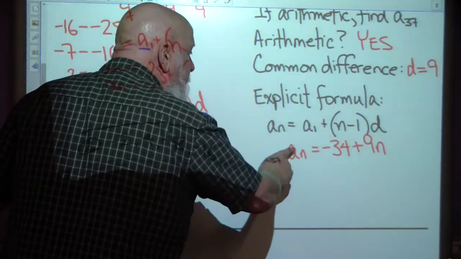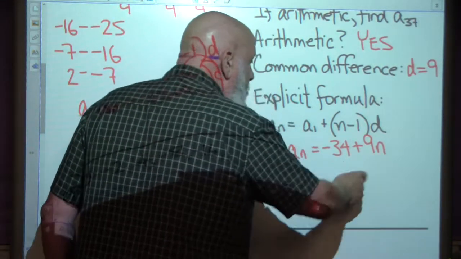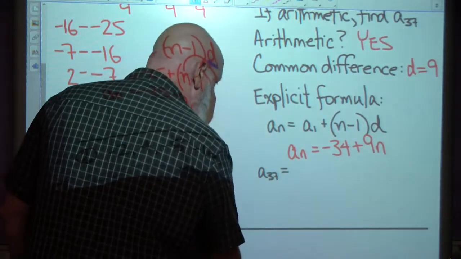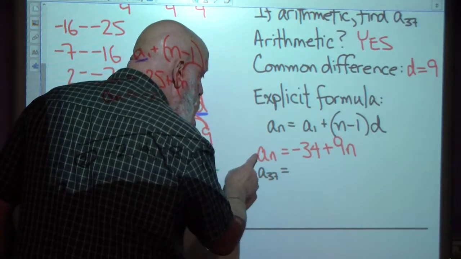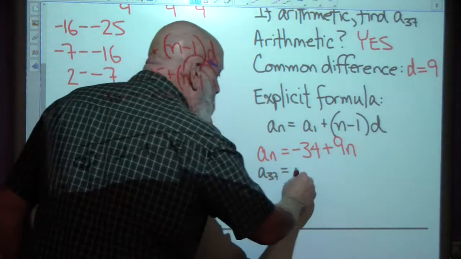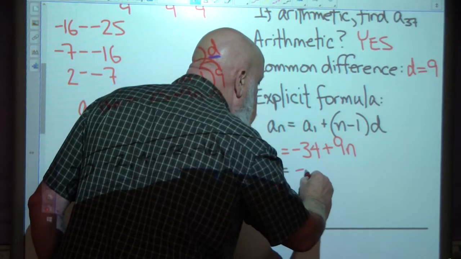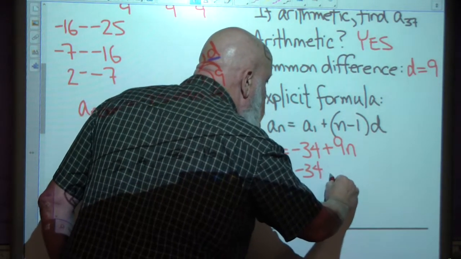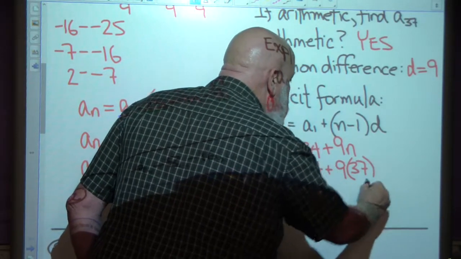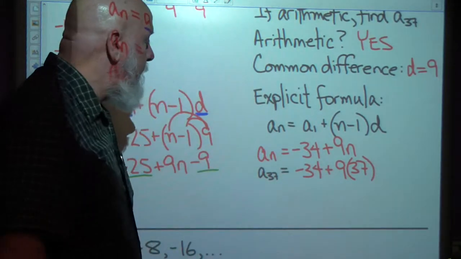So what I'm going to do is take my explicit formula and plug in a 37 right here. So a sub n is a sub 37 now, equal to negative 34 plus 9 times 37, and that'll give us the 37th term in the sequence.